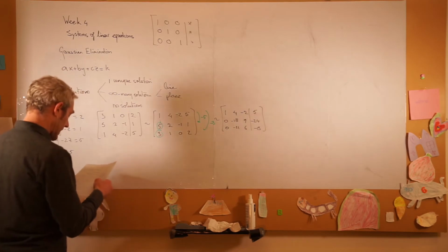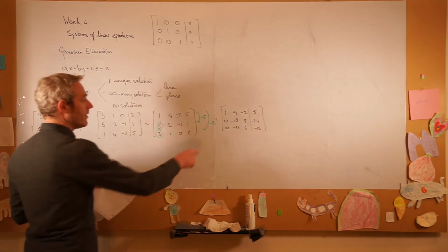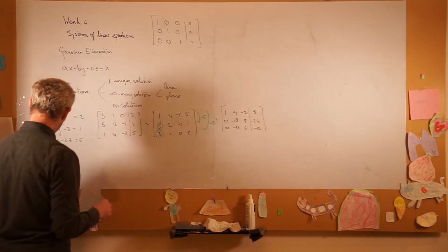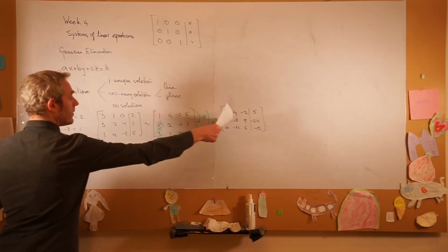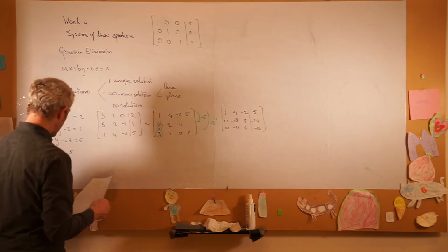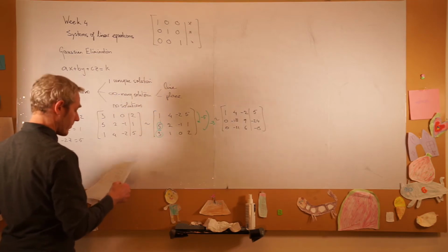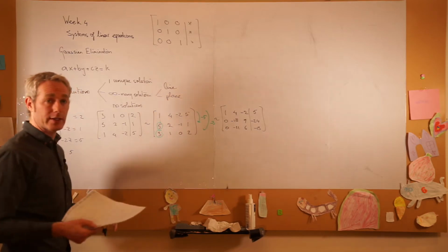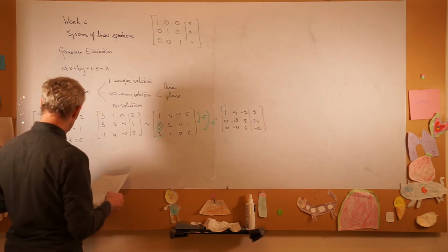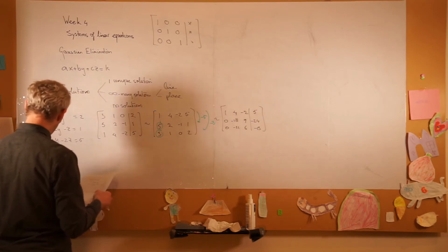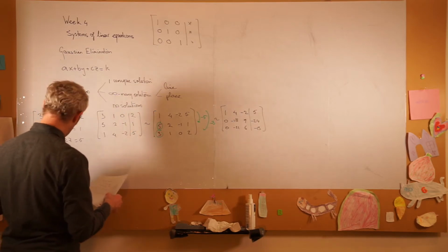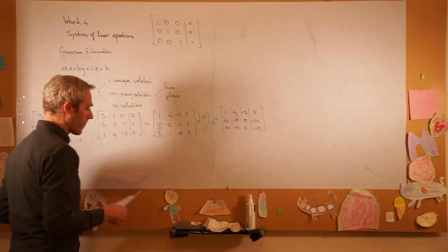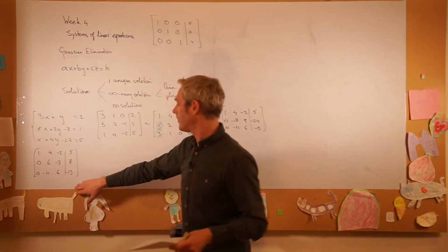If I divide the second row by minus 3, I get 0, 18 divided by minus 3 is 6, 9 divided by minus 3 is minus 3, and minus 24 divided by minus 3 is equal to 8. And the last row stays the same. All right, so I'm left with this.